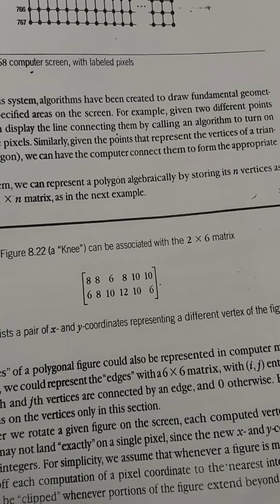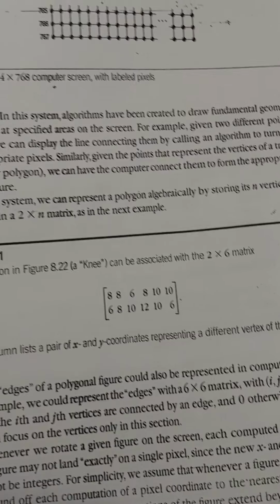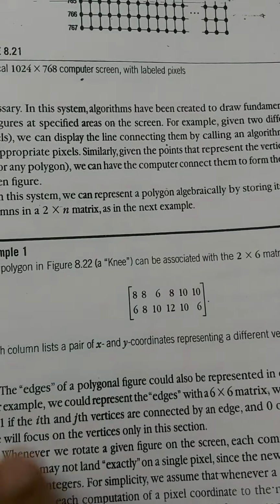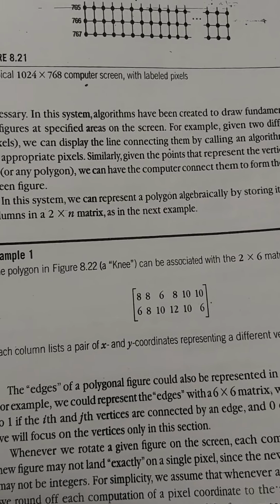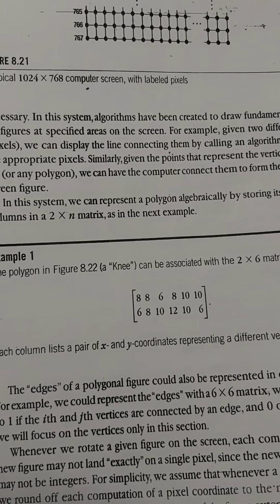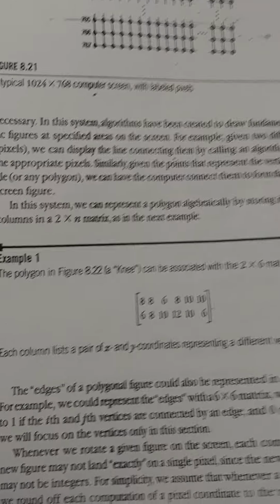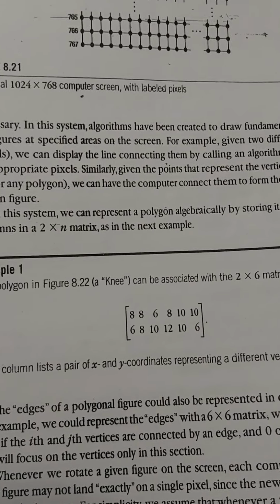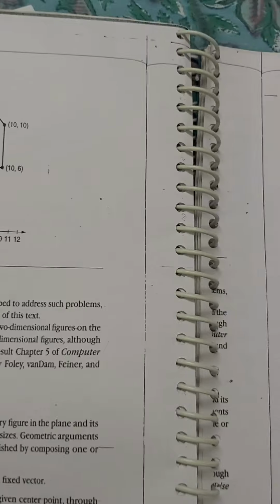Each column will give you a vertex. So these 6 columns represent the 6 vertices of the figure. You can note down these are the same numbers as the vertices of the knee figure here.